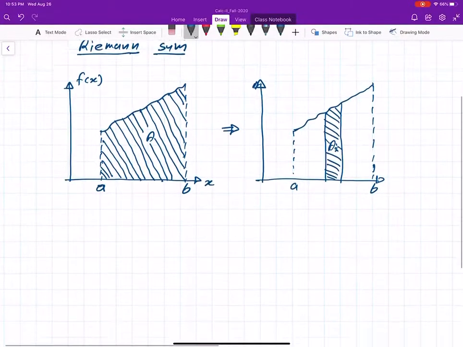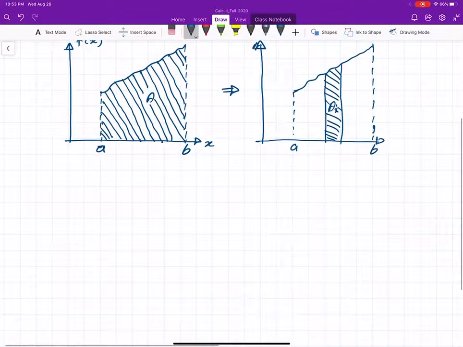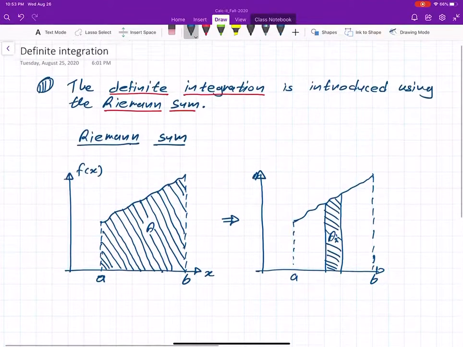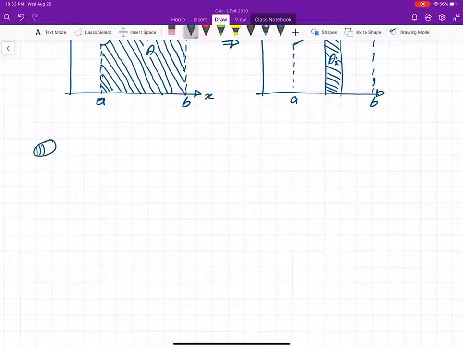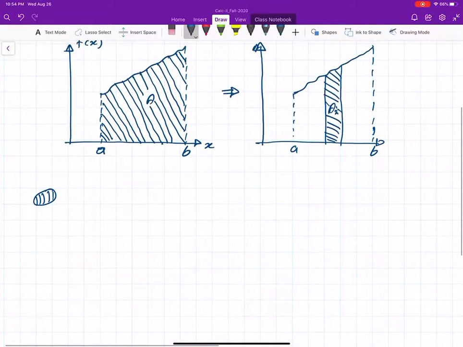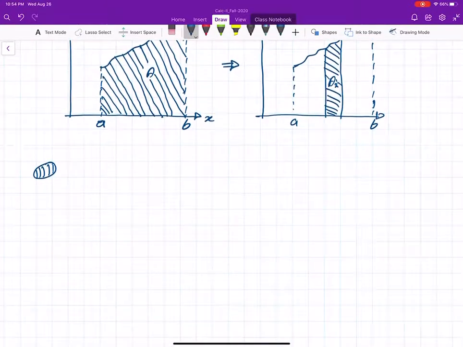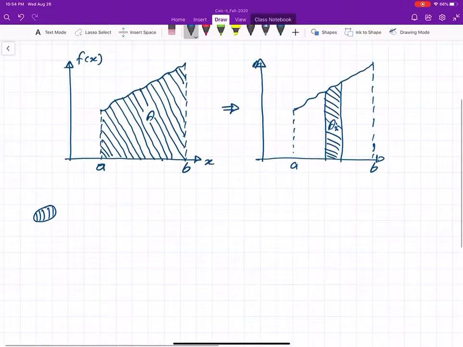Then go to the next bullet point. As I explained in the piece of paper example, this sum can be used to approximate the area.